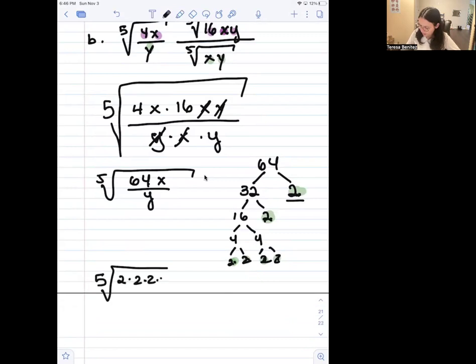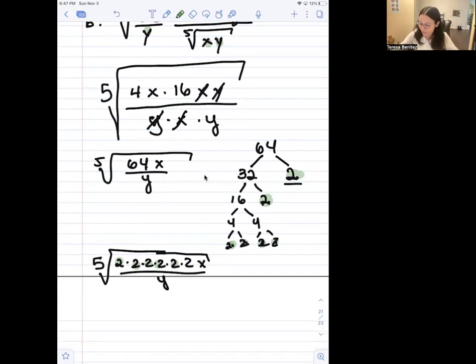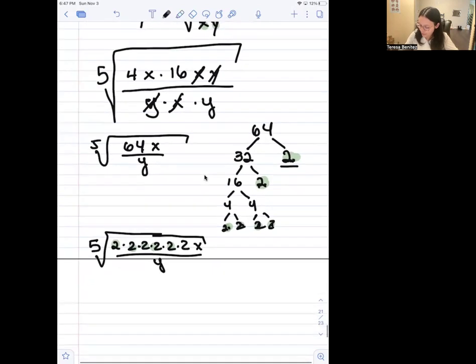I can even write all of them here: 1, 2, 3, 4, 5, 6, x divided by y. And I'm going to take 5 of them out. Because if I say 2 to the power of 5, and then the 5th root of that, it would give me 2. 2 is being multiplied by itself 5 times, so only one of them comes out.